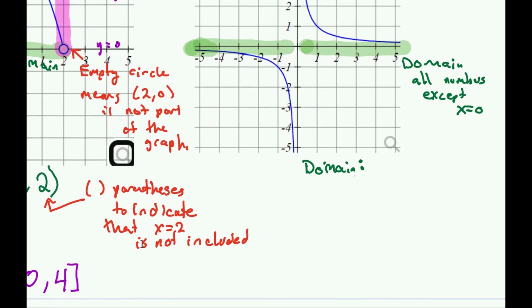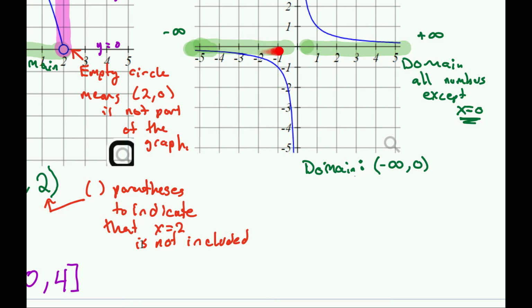If we want to leave out x equals 0, the way you have to do it is you have to list it in two pieces. The piece over here, you assume the graph just continues out forever this way, goes out to negative infinity. Like way out this way is negative infinity, and way out this way is positive infinity. So you have to write this domain as everything from negative infinity up to 0.